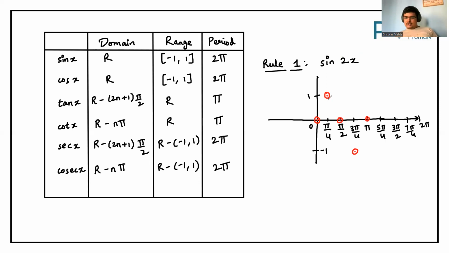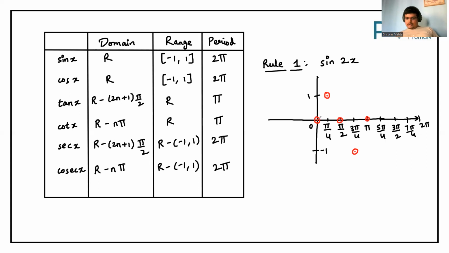So this time 1 is over 45. When you take 90 as x, it will be 2 into 90, which is 180. And what is sine of 180? तो 0 ना, sine 180 is 0. तो समझ रहा है, अभी ऐसा हो रहा है ग्राफ इसका.